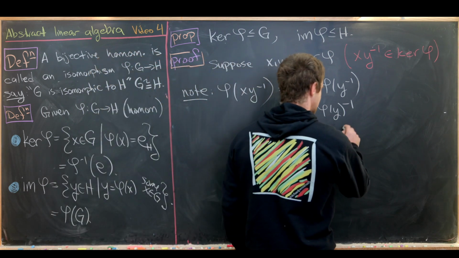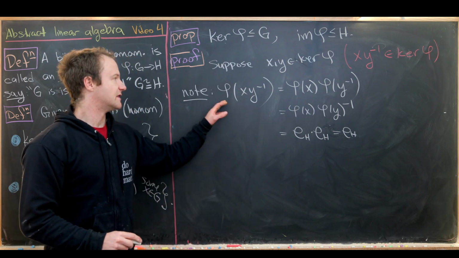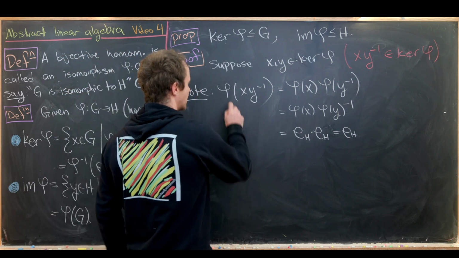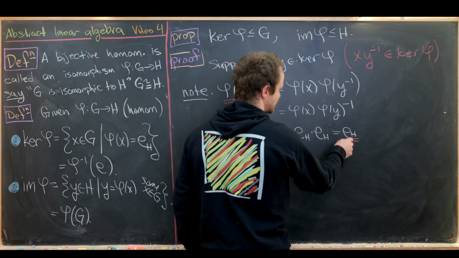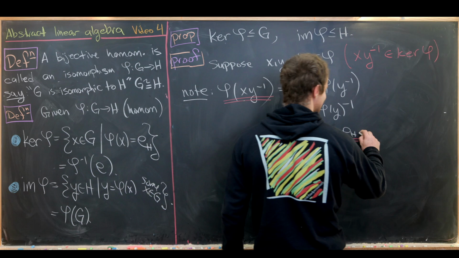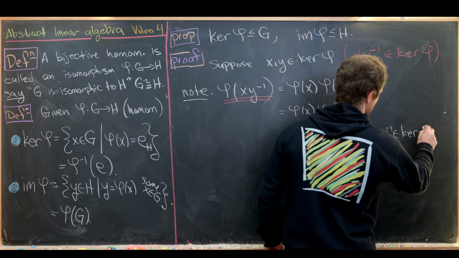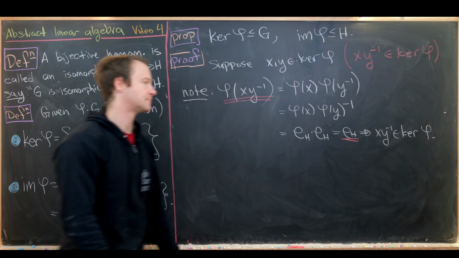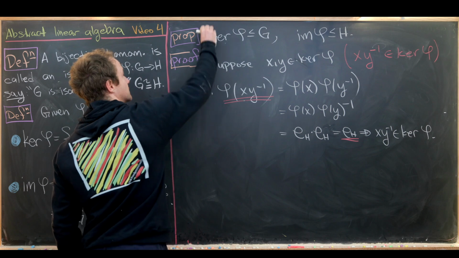Furthermore, the identity times the identity is the identity. But the fact that we have started here, that phi evaluated at x y inverse is equal to the identity on H, is exactly the condition we need for x y inverse to be in the kernel of phi. And that finishes the proof of this first little result.